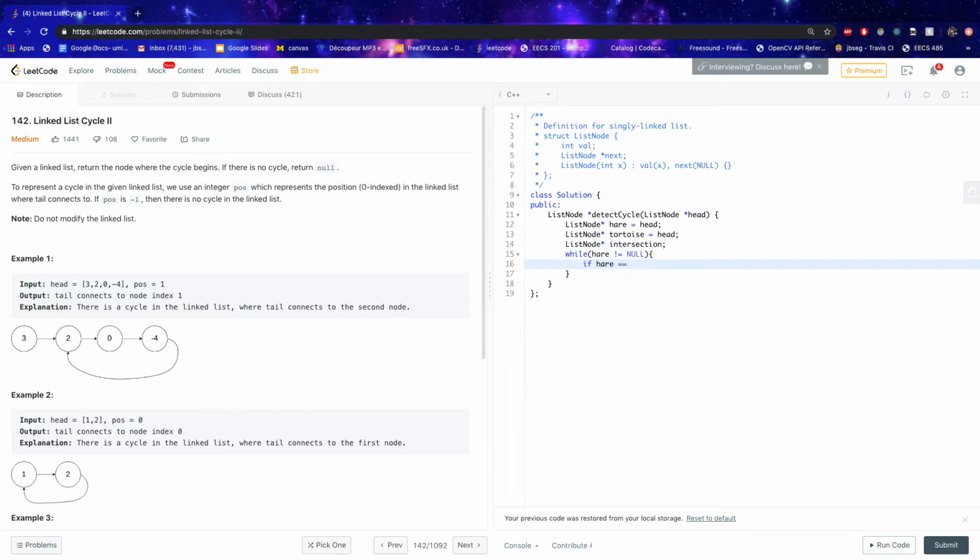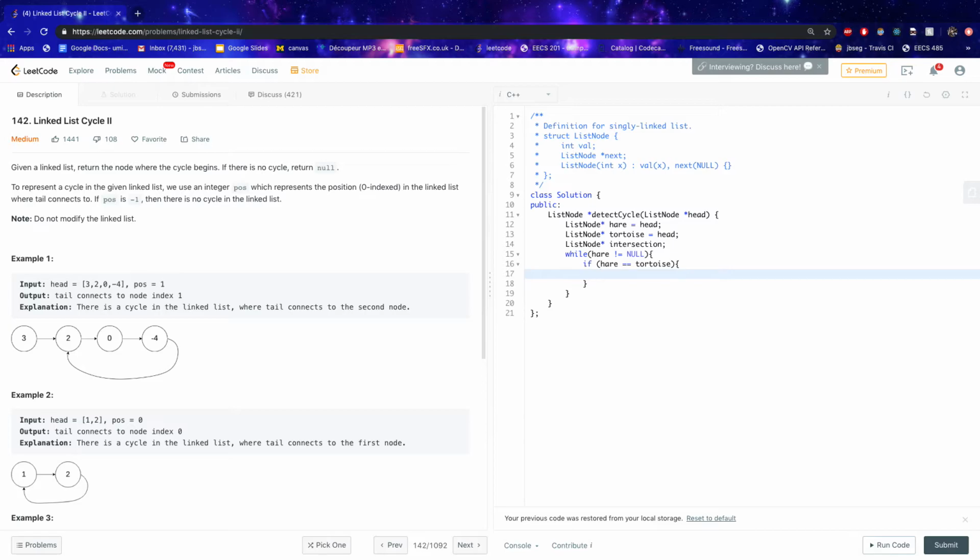Are you supposed to dereference? Wait, are we seeing if the pointers are equal? I honestly forget if this sees if what they're pointing to is equal. Probably does, but I might have to check the answers for that. Or I might consult the internet. Okay, whatever. Let's just get the idea down.